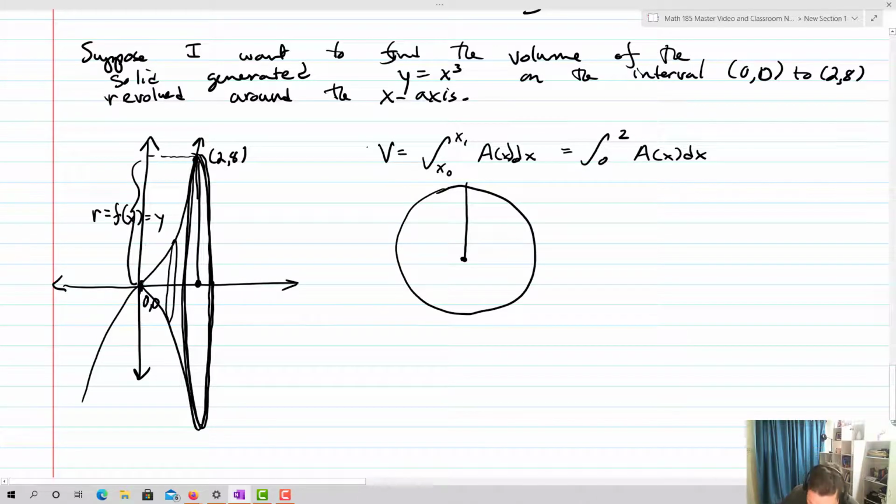It's going to start with a radius of 0 at a point, that's r equals 0. And then finally, it's going to end up at r equals 8, because that's how big y gets at the end. And in between, it's all dependent upon y equals x cubed. So my radius r is equal to x cubed.